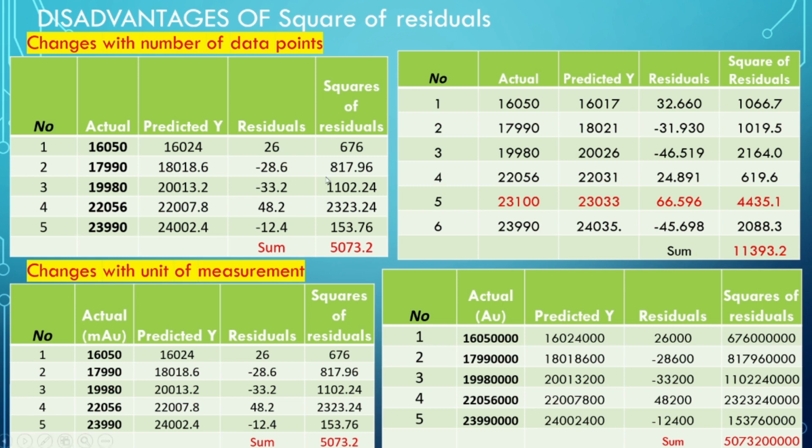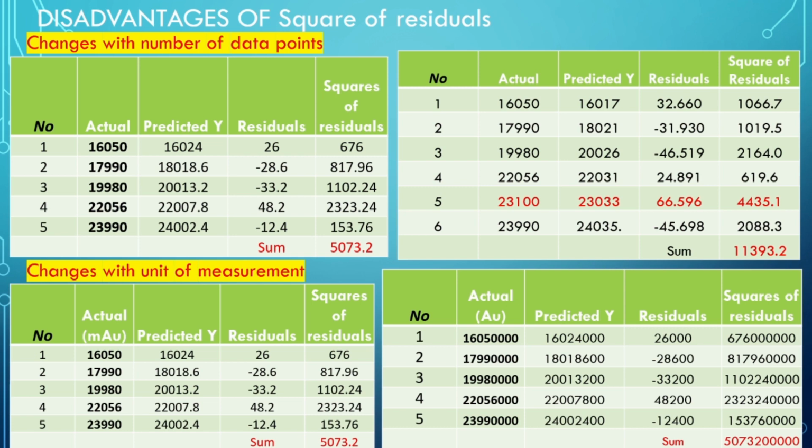So one more concentration point is added. Now you see the sum of squares of residuals is becoming 11393.2. So if I'm taking 5 points, I'm getting some value; if I'm taking 6 points, I'm getting another value; with 7 points, something else. So the value I'm going to present is not making any difference for me.